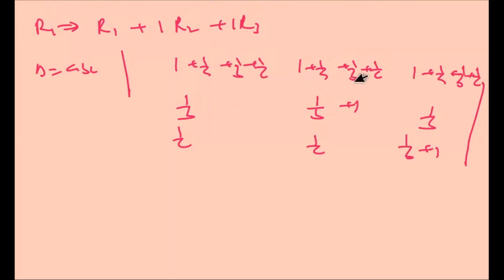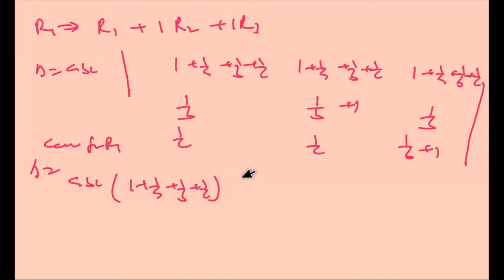Now taking this common from R1, we get abc times (1 plus 1 upon a plus 1 upon b plus 1 upon c) times the determinant with rows 1, 1, 1; 1 upon b, 1 upon b plus 1, 1 upon b; 1 upon c, 1 upon c, 1 upon c plus 1.